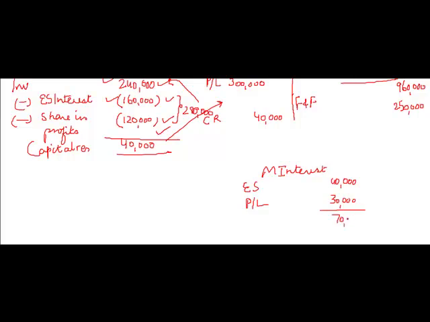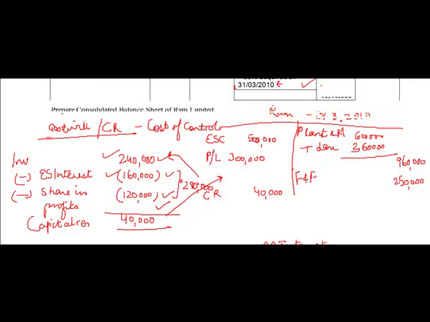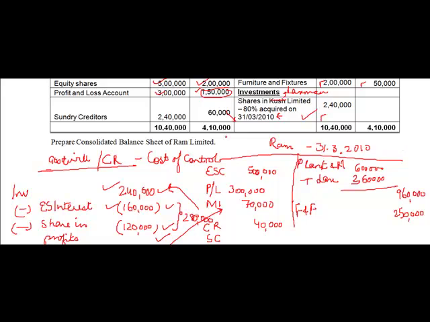So the total minority interest became 70,000. Again, I go back to my balance sheet and I add minority interest here as 70,000. Then I have sundry creditors. So sundry creditors is 3 lakh. There is no adjustment that needs to be done here.